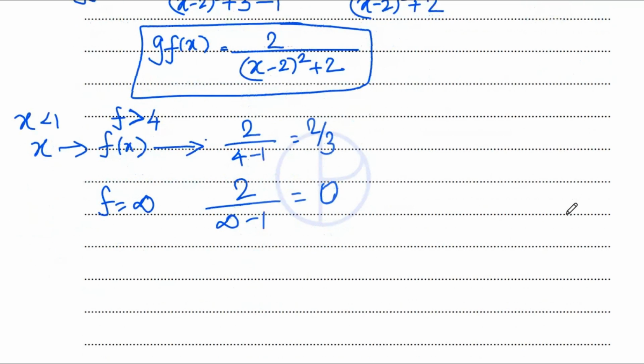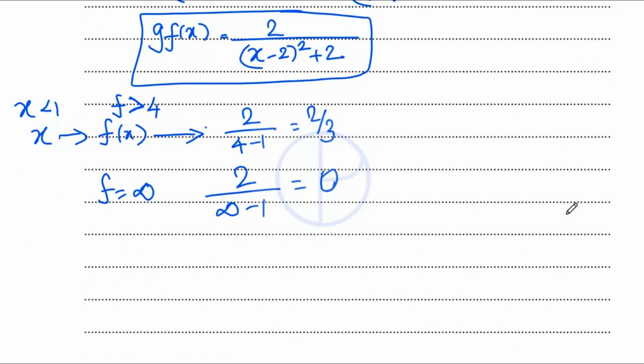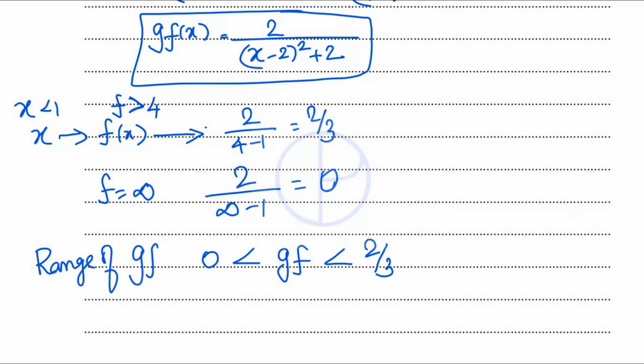So the gf of x range will be between 0 and 2 over 3. So the range is 0 less than gf less than 2 over 3.